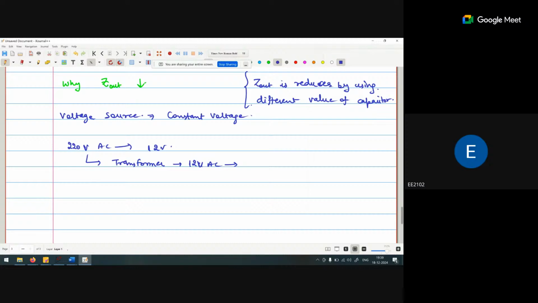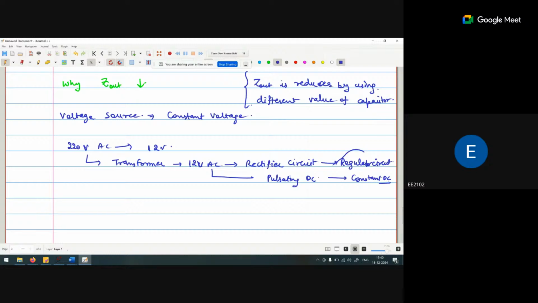Then after that, we use a rectifier circuit, which provides me the pulsating DC from AC, and after that we use the regulator circuit that converts the pulsating DC to a constant DC signal.